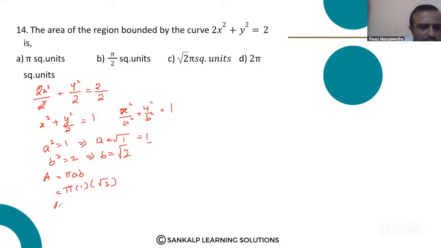So therefore the area is root 2 pi square units. Root 2 into 1, root 2 into pi, root 2 pi square units. Okay, so root 2 pi square units is option C, the correct answer.